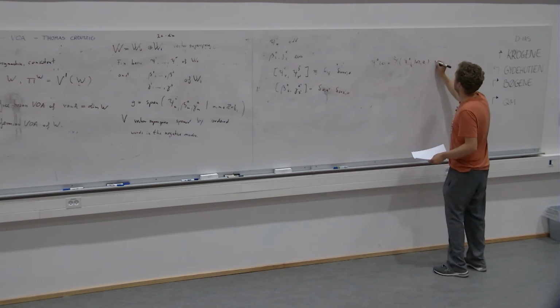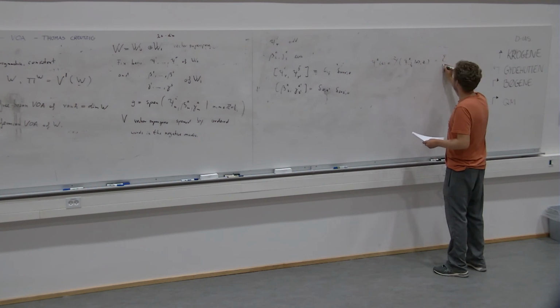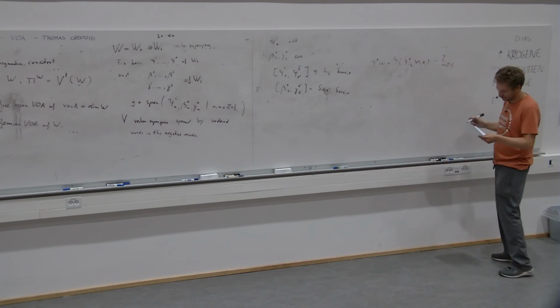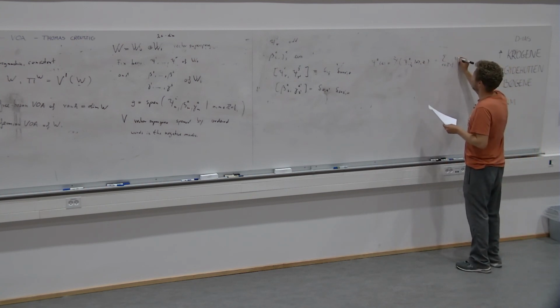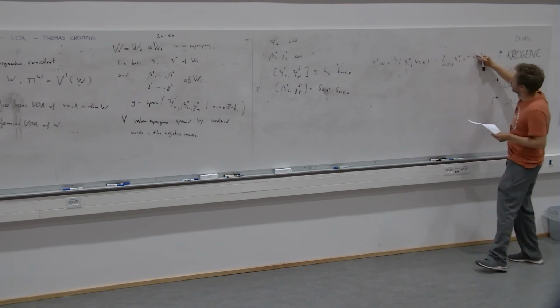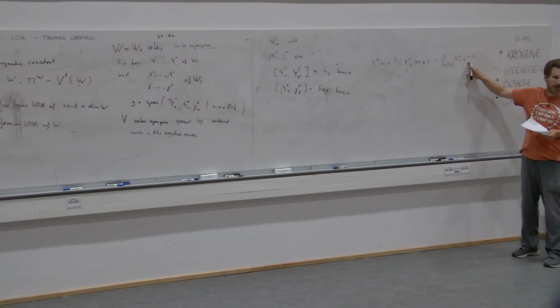is now defined to be, well, I have to go over the correct modes, and here now instead of a 1, I have a minus 1/2. I want this to be integer graded, right? I can't write a minus 1 here.